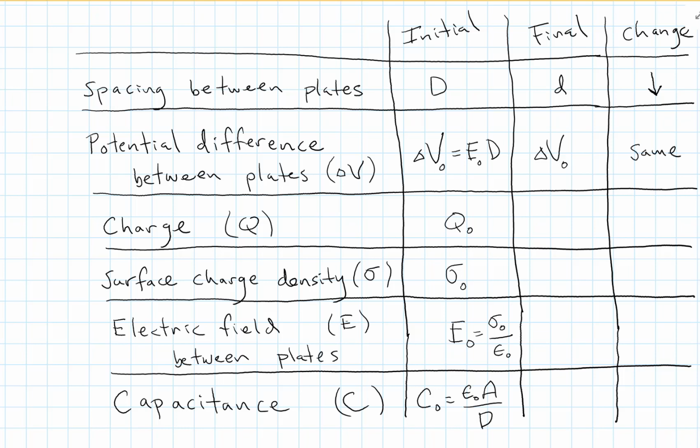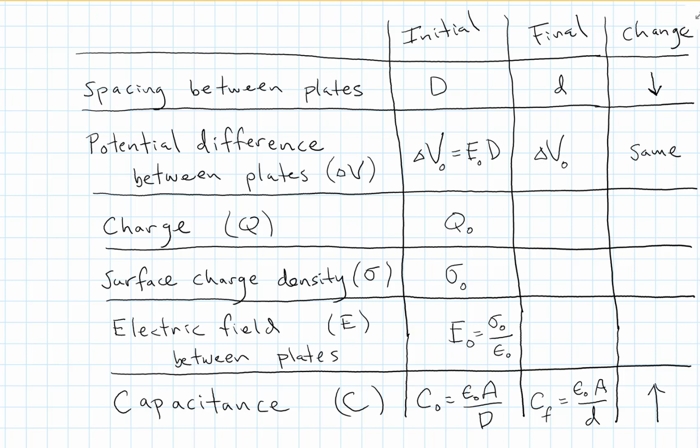Let's think about capacitance next. Capacitance is epsilon naught A over D, and the distance got smaller, so the capacitance increased, just like last time. And we know that Q is equal to CV.